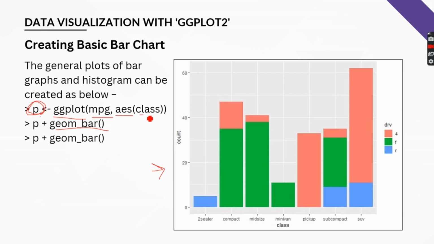AES is aesthetic. We are telling it it's class. Class is the name of our x-axis, the name of the column that is present in mpg. Then we are telling it geom_bar that we want a bar chart, and this is the output that we are going to get.